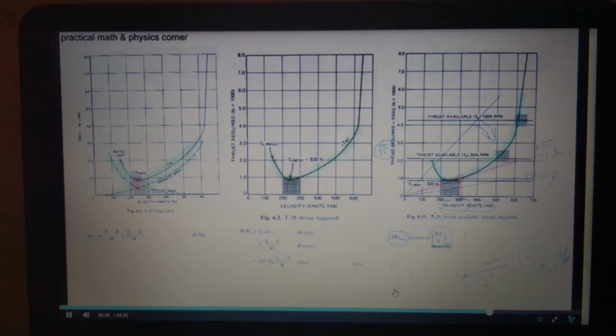But still intercepting our actual curve, our thrust required curve, because that's obviously one condition that we have to fulfill. We still have to find a solution that is part of our actual aircraft and is flyable by our actual aircraft. So that's the graphical solution for finding the max range airspeed.